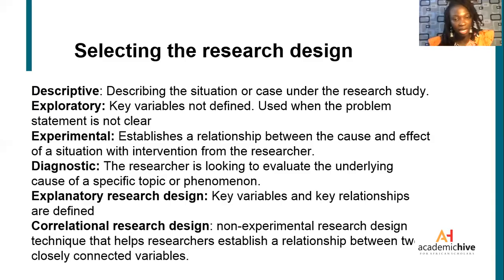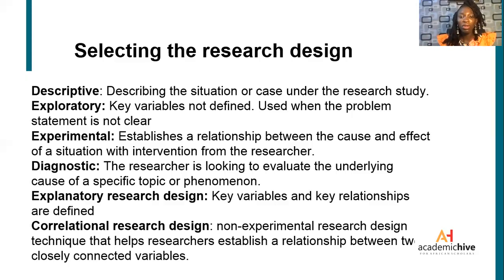Explanatory research design. Here you have identified the concepts or the variables you want to work on. The effect of or the influence of compensation on job satisfaction. So you know that the variables or the concepts here are compensation and job satisfaction.